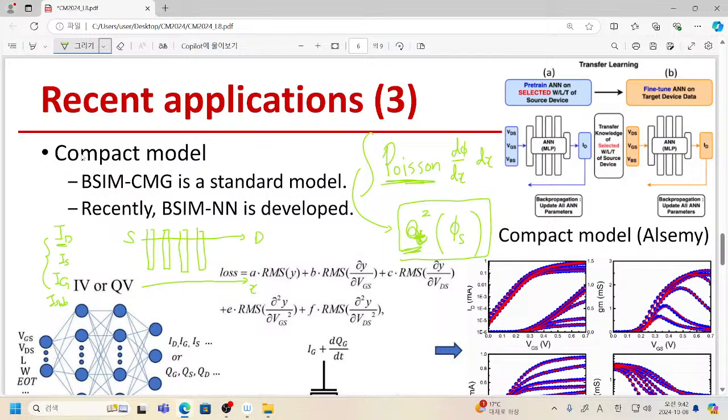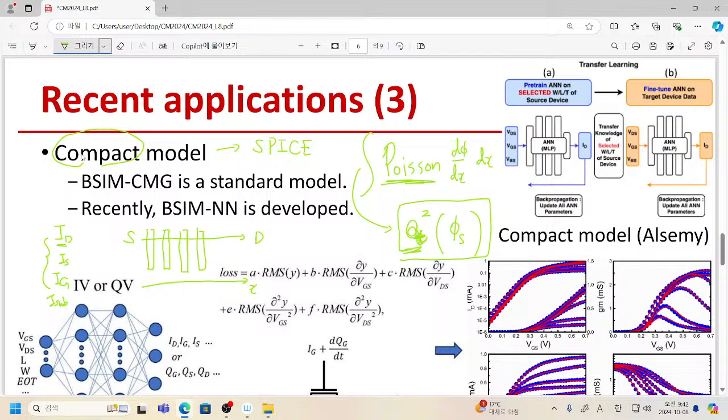So please don't be confused with the previous approaches, surrogate model and compact model. Compact model, although simplified, has its own physical reasoning. And once you get this compact model, it can be used in our famous program called SPICE.